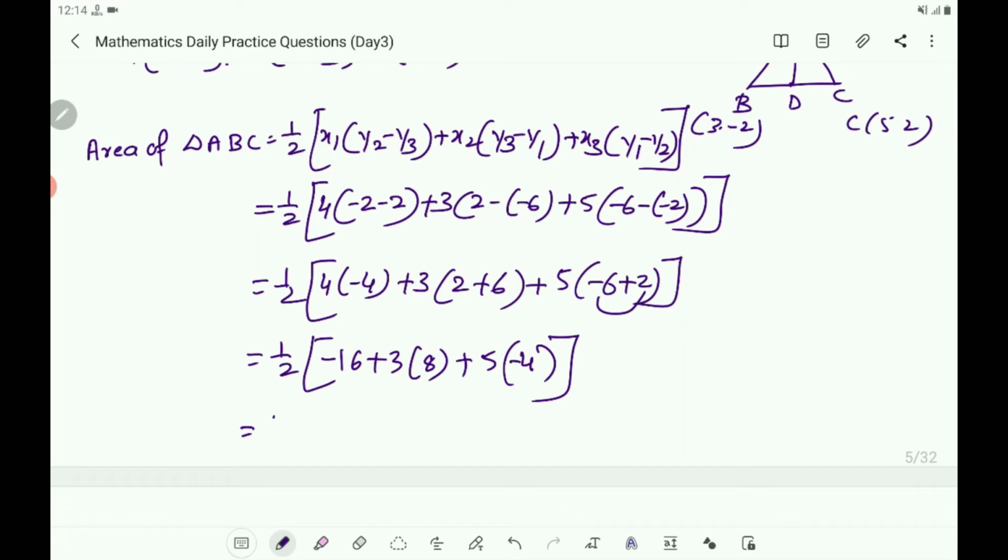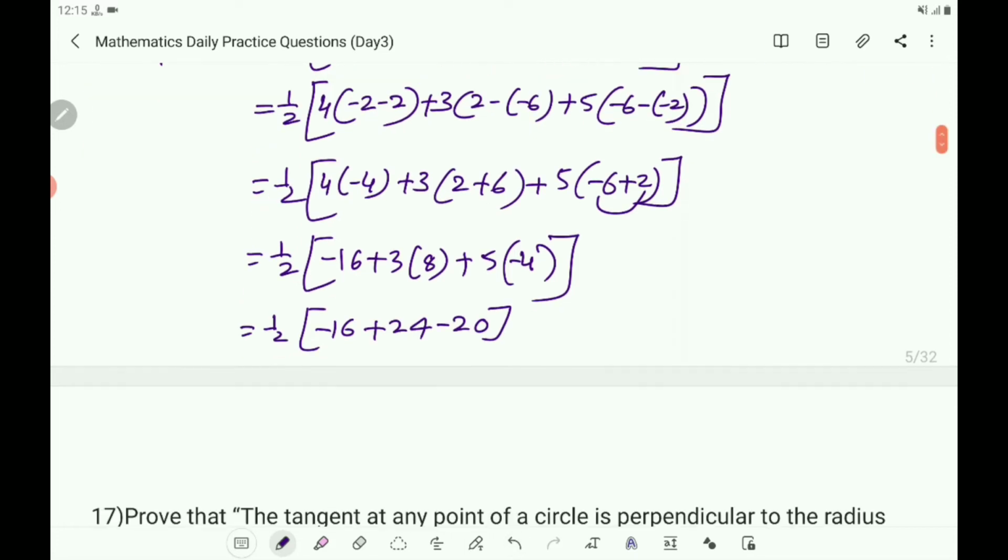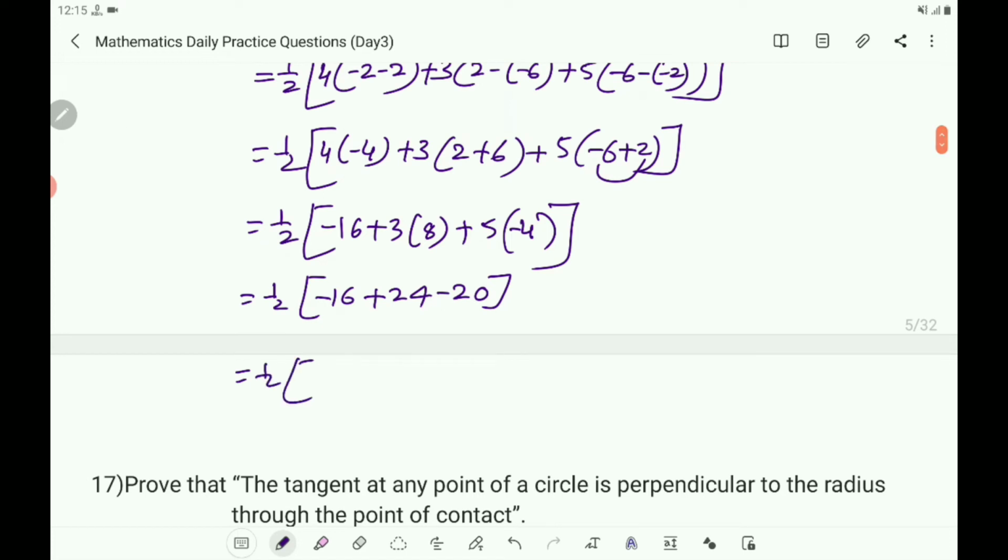Then 1 by 2, you write minus 16 as it is, plus 3 8s are 24, and 5 4s are 20, it is minus 20. That equals 1 by 2 into, that becomes minus 16 plus 24, that is 8, 8 minus 20, so you will get half into minus 12.